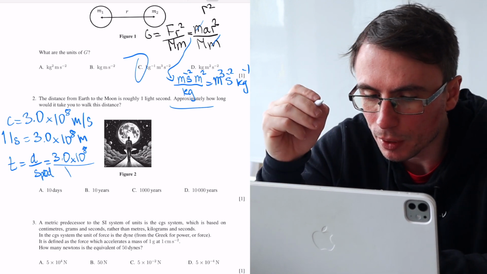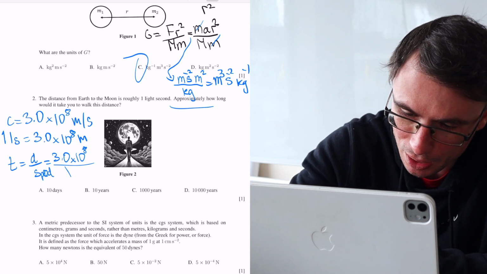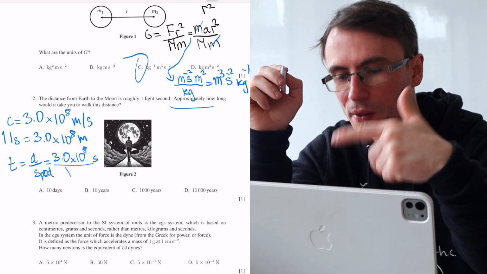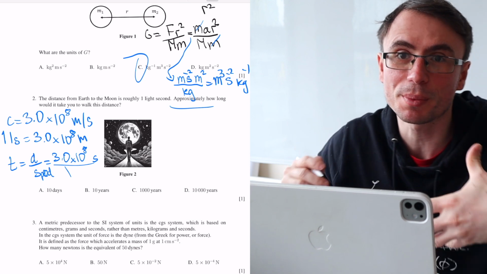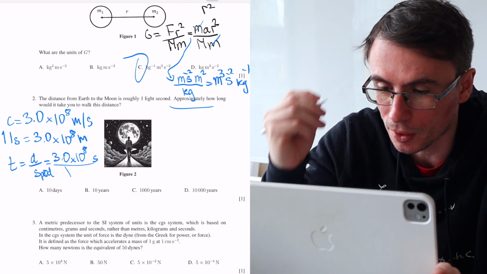Now all we need to do is convert that time, 3 times 10 to the power of 8 seconds, into years, because our answers are actually in years.